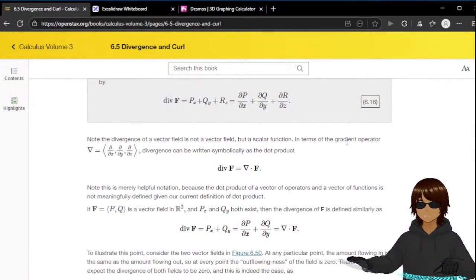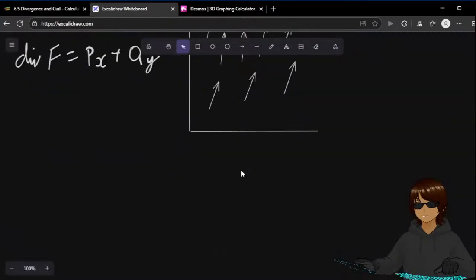In terms of the gradient operator, divergence can be written symbolically as the dot product. Hold on, I'm seeing the gradient operator for the first time.